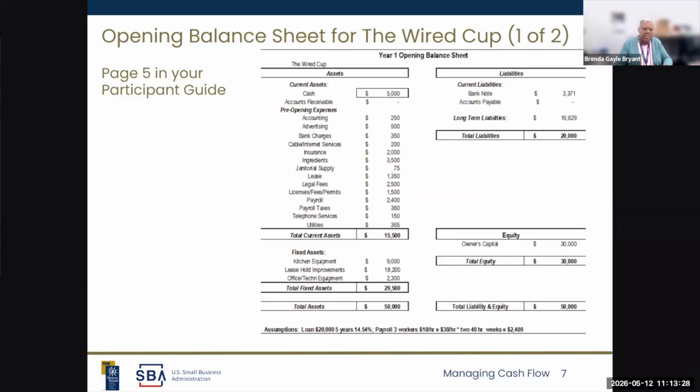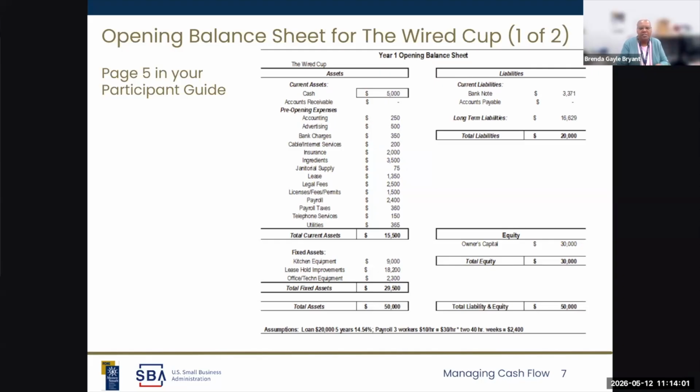So in accounting, we do mathematical equations. And the mathematical equation for the balance sheet is assets equal liabilities plus equity. So if I've got $100,000 in assets and I've got $50,000 in liabilities, then I have $50,000 in equity.